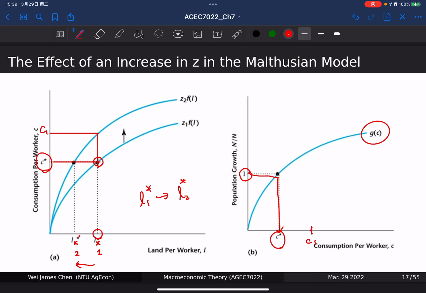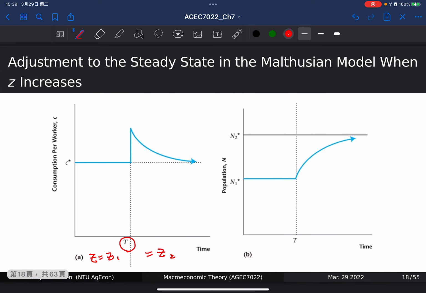What it suggests is that n plus n will be greater than 1. That means the population will grow. It will increase. So initially it goes to C1. But after the population increases, what happens? Because this is per worker consumption, if the population increases, there are more people to share the same amount of total production.